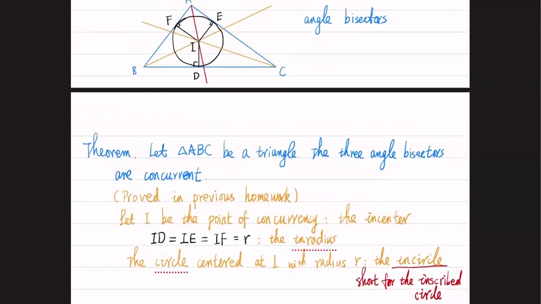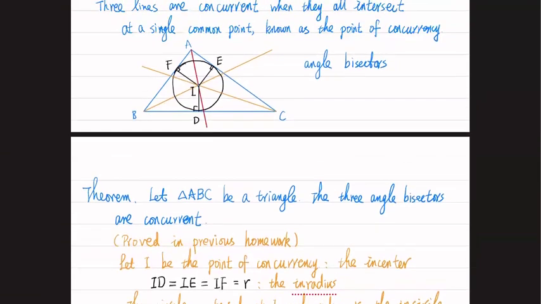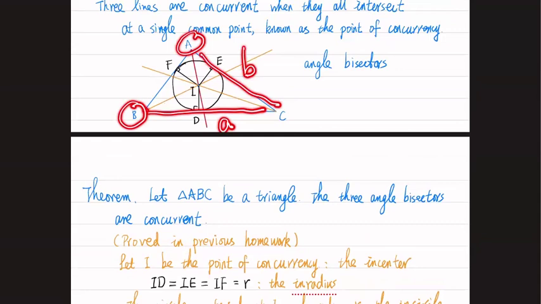Some interesting observations from this. If we label the three sides of the triangle, opposite vertex A, I will label this side lowercase a. Opposite vertex B, this side lowercase b. Opposite vertex C, this side lowercase c.